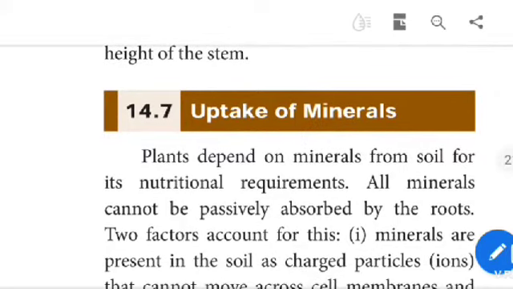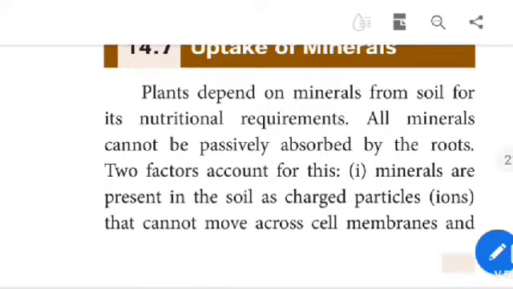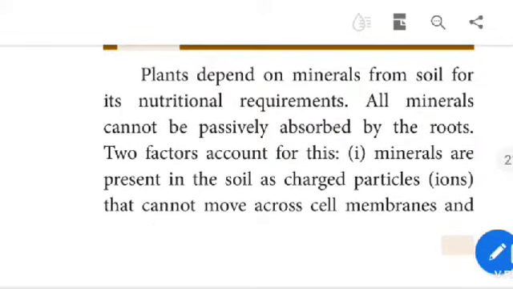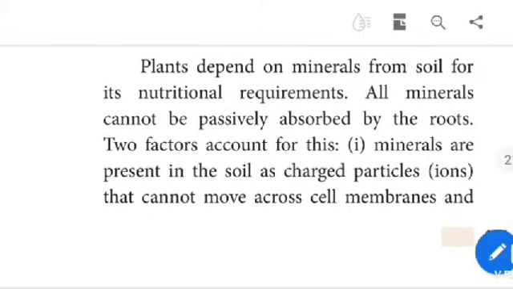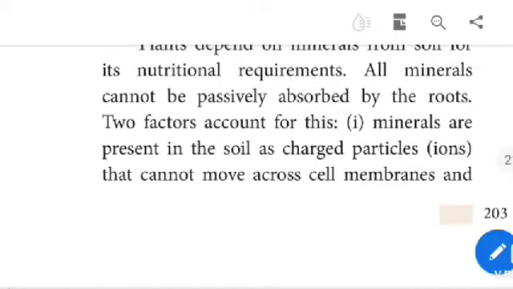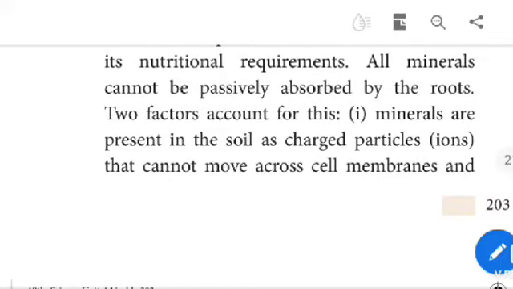Uptake of minerals. Plants depend on minerals from the soil for their nutritional requirements. All minerals cannot be passively absorbed by roots. Two factors account for this.